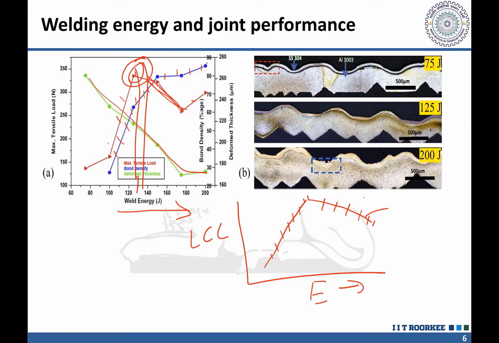The reduction in the deformed thickness of the base metal, which is left due to the higher amount of energy application, significantly weakens the base metal sheets themselves, and that is why the load carrying capacity of the ultrasonic weld joint is reduced.